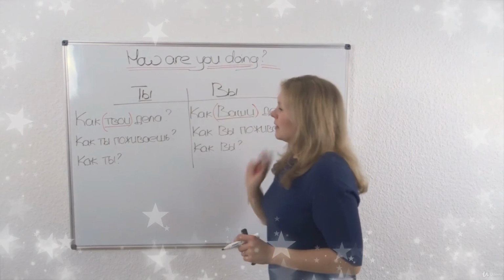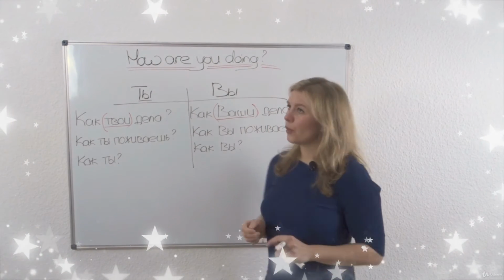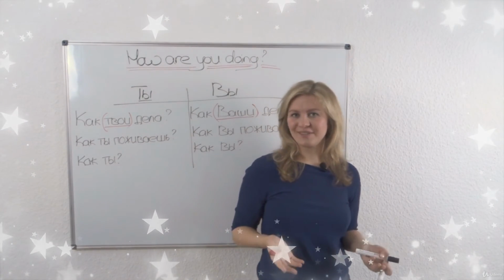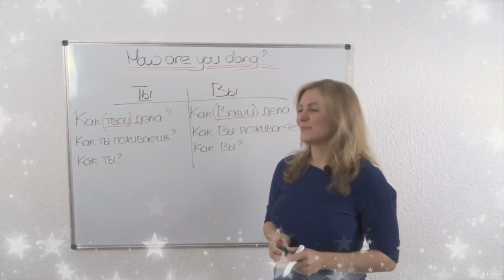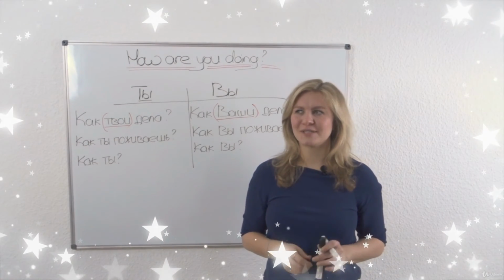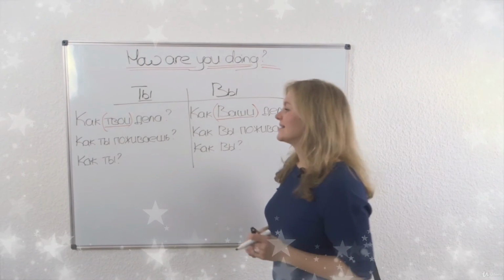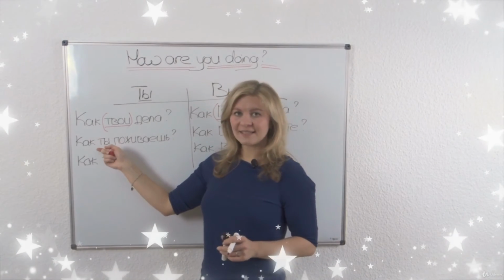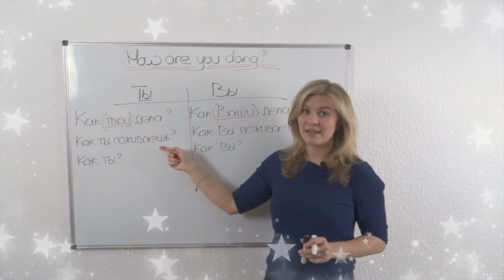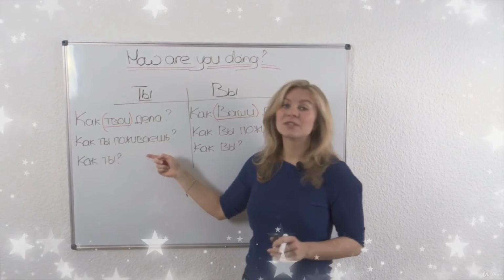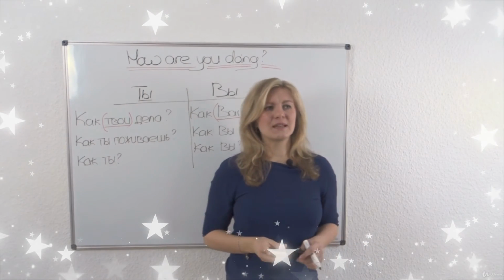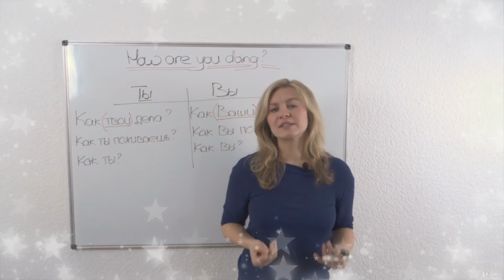There is another option which is more, I would say, literal or old-fashioned, but sometimes you can hear that as well, especially I would say in St. Petersburg. Someone could ask you, как ты поживаешь? It's something like how your life is going on.